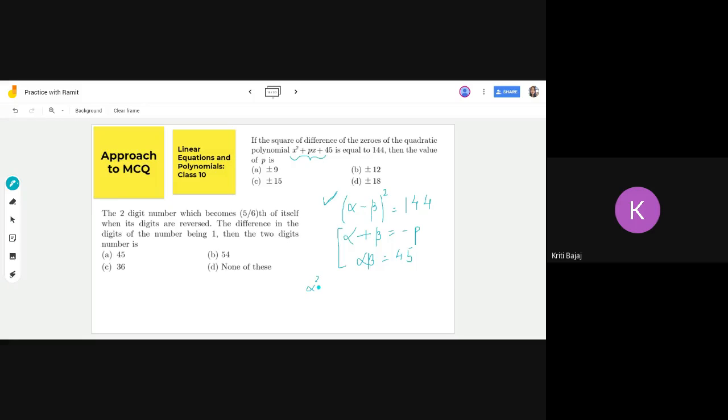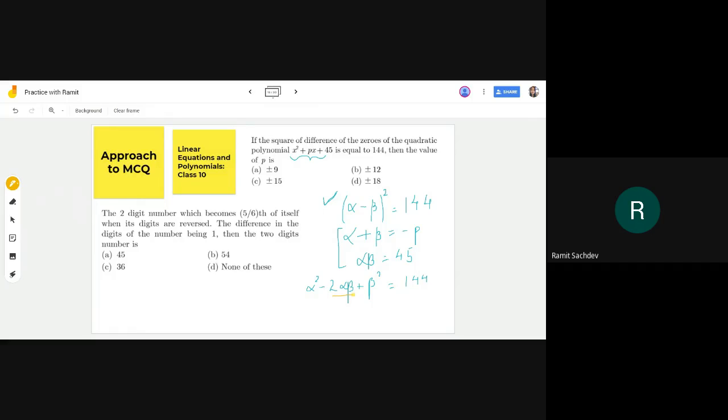So it will be alpha square minus 2 alpha beta plus beta square, equal to 144. Now we have the value of alpha beta. How can you substitute these values? We can put 45 instead of alpha beta, that will make it minus 90.